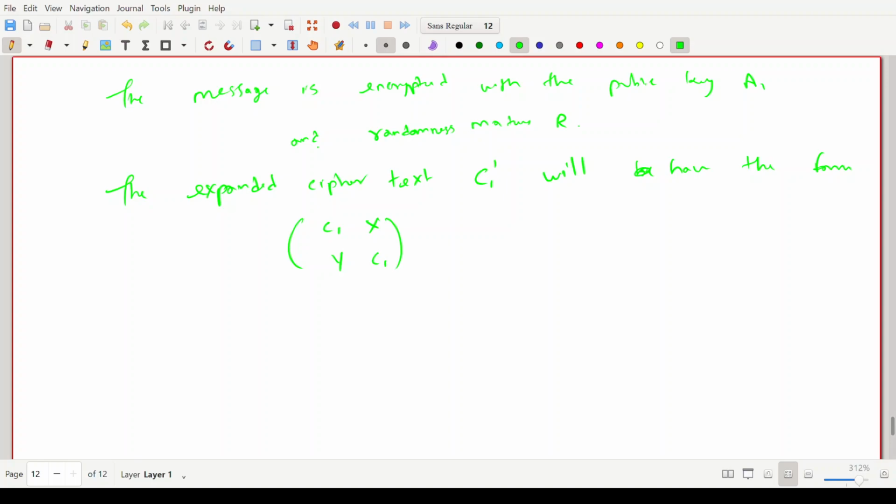This is how your C1 dash will look. That is the expansion of the ciphertext. And we want it to satisfy the following condition.